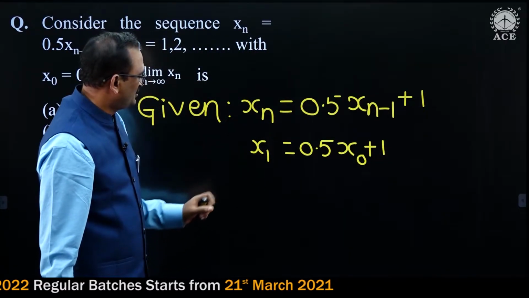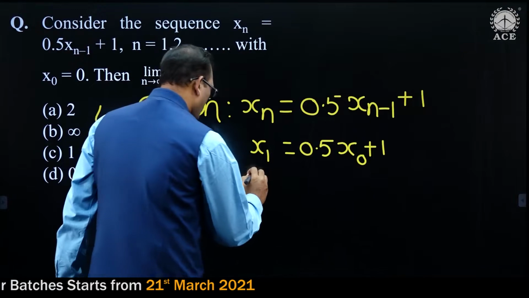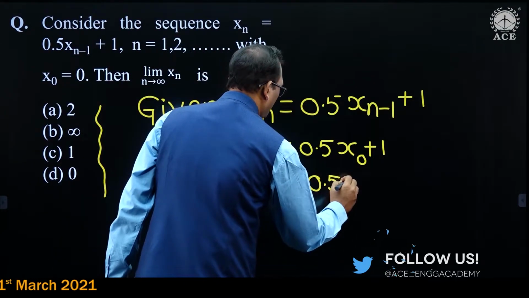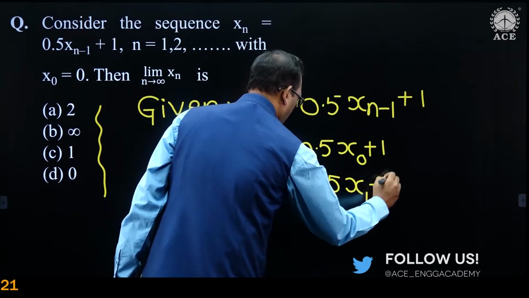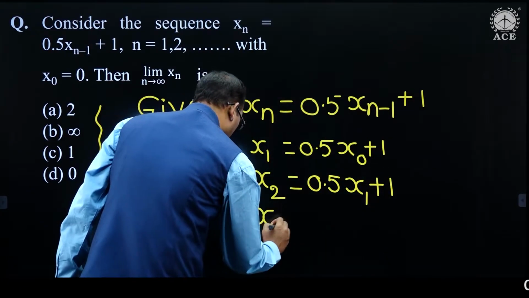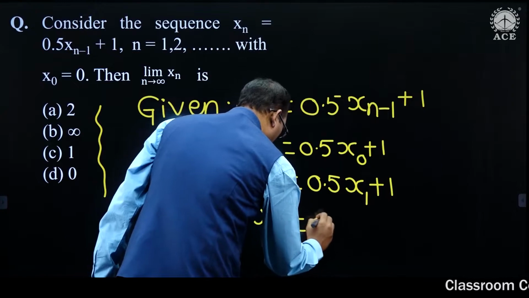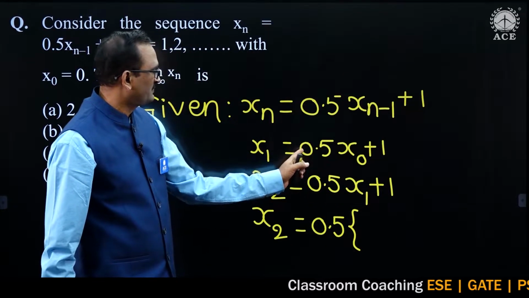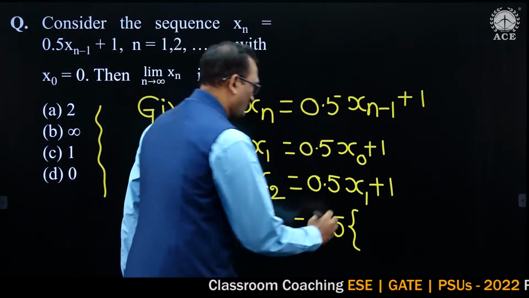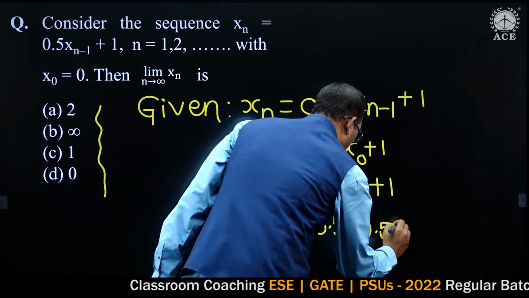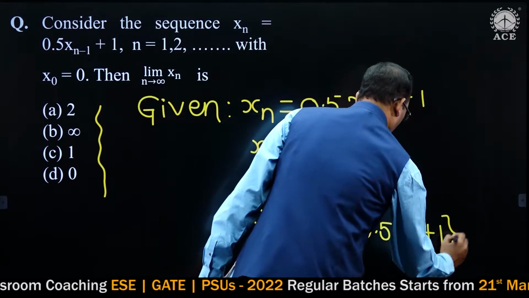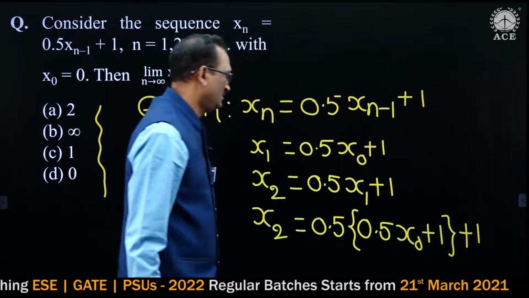Now, let us see x2. x2 is equal to 0.5 x1 plus 1. From this, x2 is equal to 0.5 into, here x1, what is the value of x1? 0.5 x naught plus 1, plus 1.